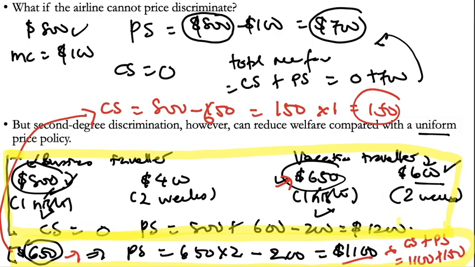When there is price discrimination, the social welfare is 1,200 because consumer surplus is 0. So 1,200 plus 0 is 1,200, isn't it? So the difference is 50. So without discrimination is better than with discrimination in this case. So in this case, the second degree price discrimination reduces welfare.